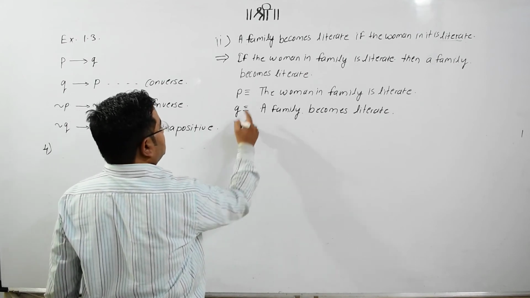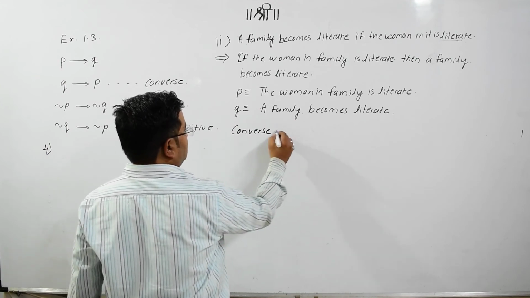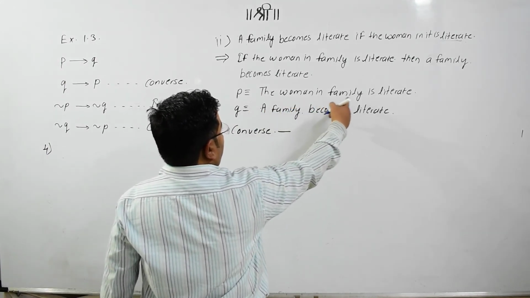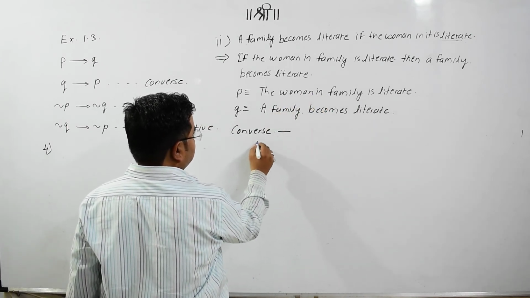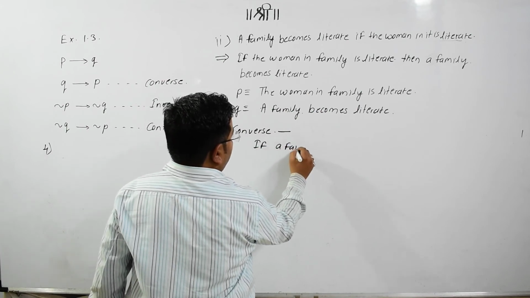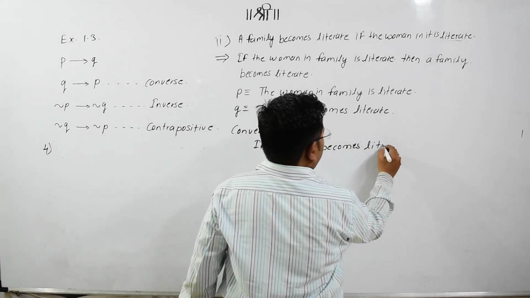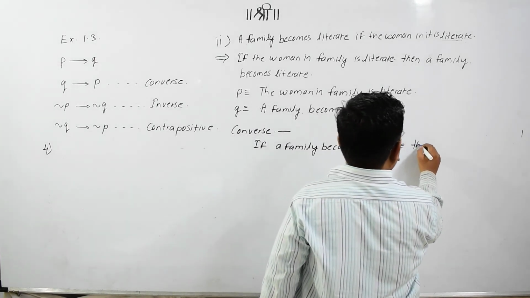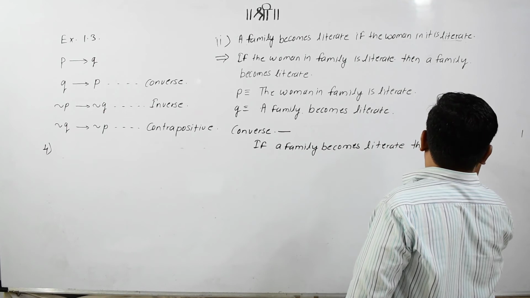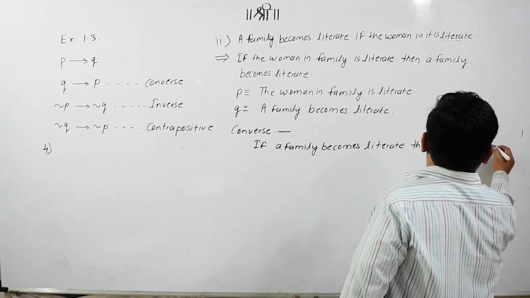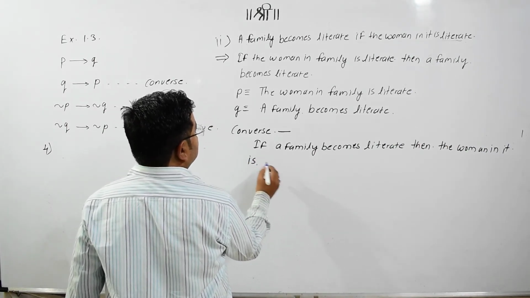Now converse. What is the converse of the given statement? The woman in the family is literate, that is P. Now Q implies P. Therefore, if a family becomes literate, then the woman in it is literate.